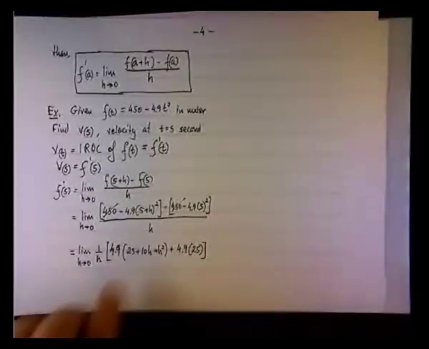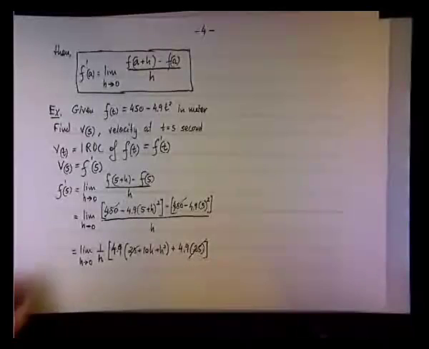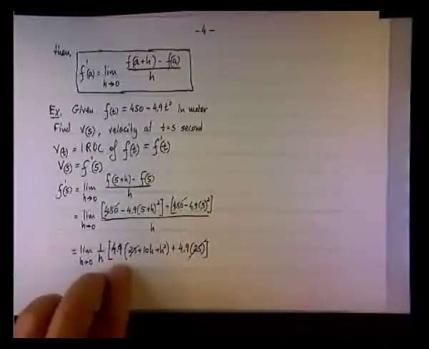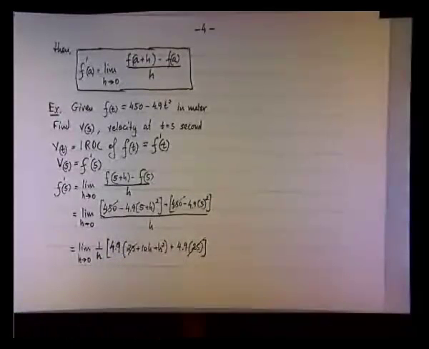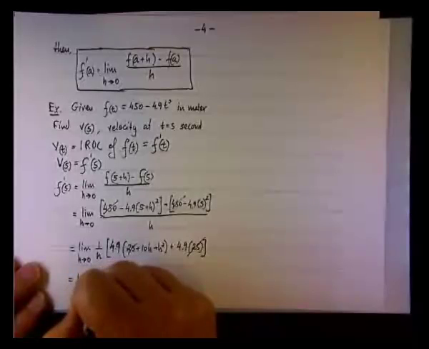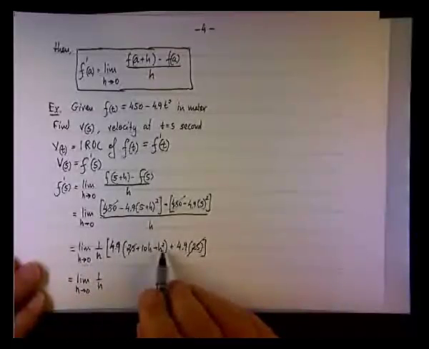First of all, again, the 25 and 25 are going to cancel out. It's plus because of the double negative, but it really doesn't matter. I have 4.9 times 25 and 4.9 times 25. So what I've left here is the limit as h approaches 0 of 1 over h, and I have 10h plus h squared.